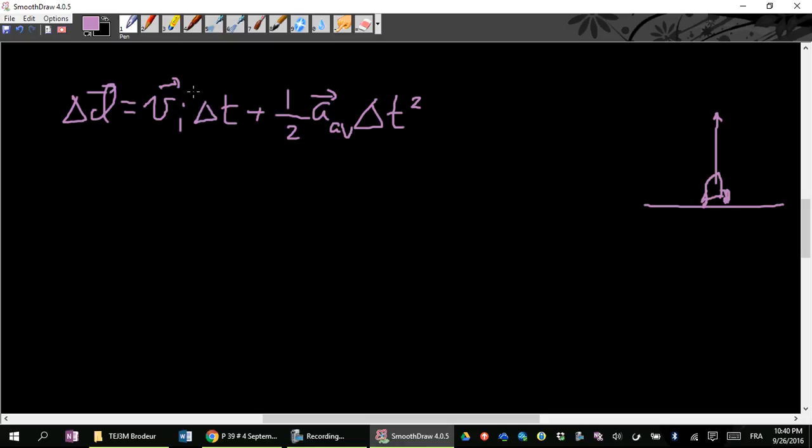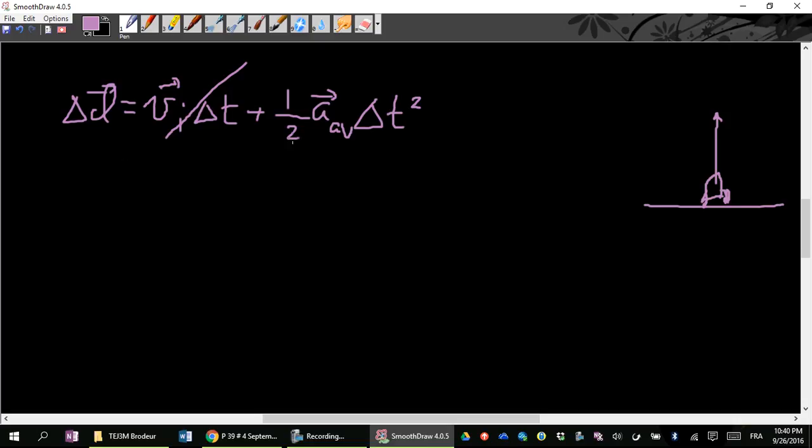Now, our initial velocity is 0, because the spacecraft has not started moving yet at time 0. And so this component here is going to get cancelled. It's just gone because the VI is 0. So we're just left with this. So the displacement, and we know the displacement.